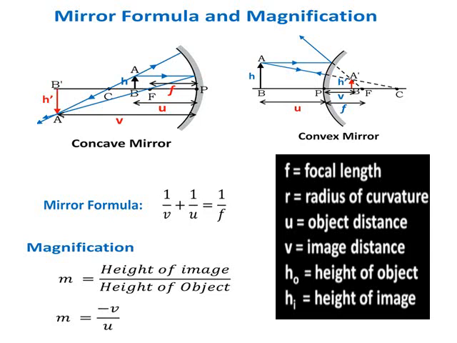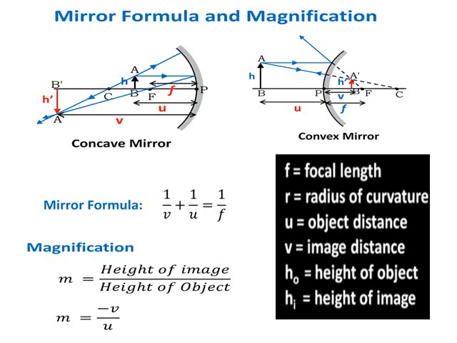And where is the image formed? A dash B dash is the image. So the distance from the pole to the image is the image distance, that is the distance B dash P. And focal length is the distance between F and P. So for a concave mirror it is measured like this.